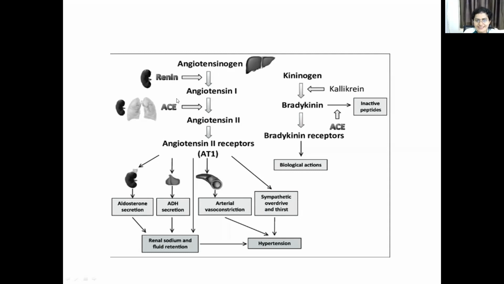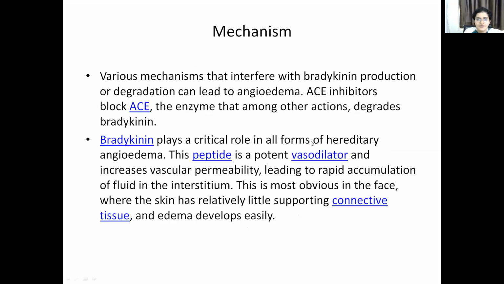And ACE is also an enzyme which causes degradation of bradykinin, a vasodilatory peptide. Because we are inhibiting this enzyme, bradykinin cannot be degraded, and there is accumulation of bradykinin, which acts on its receptors. So bradykinin plays an important role in angioedema.